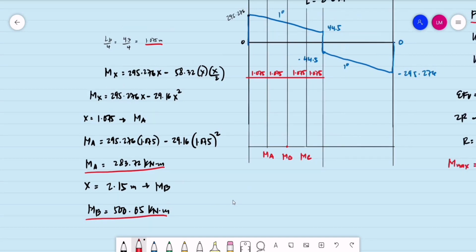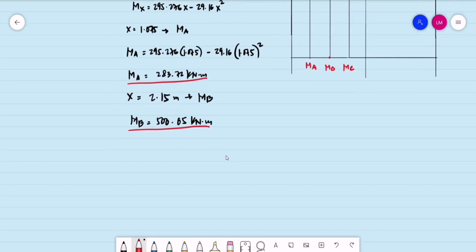So what about the value of the moment at C? The moment at C is at a distance x equal to 3 times 1.075, which is x equal to 3.225 meters.